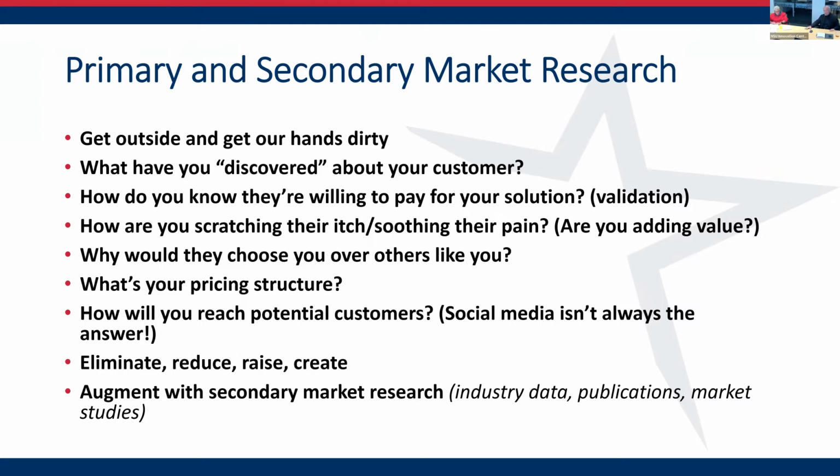Secondary market research is you have defined your target market perhaps, or you have an idea around that and you actually engage Google research. There are lots of industry businesses that can help you understand what your actual market potential is in terms of dollars, units sold, those sorts of things.